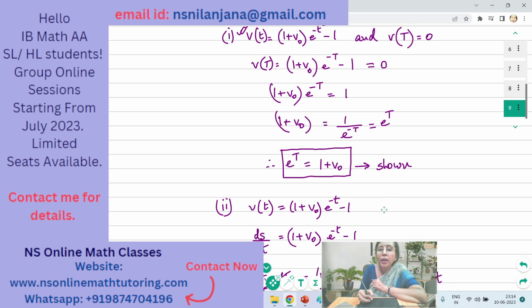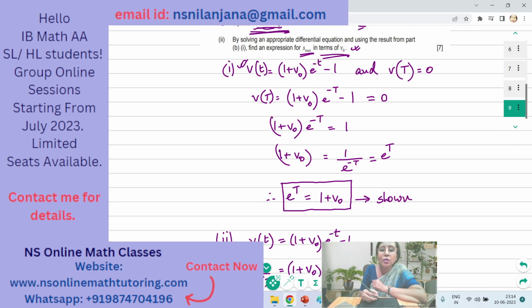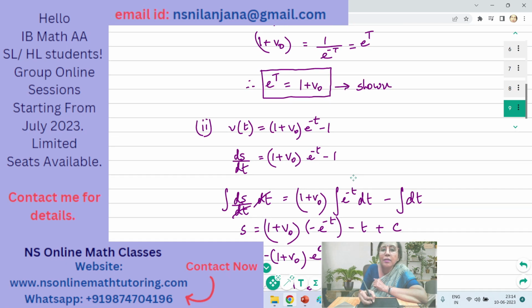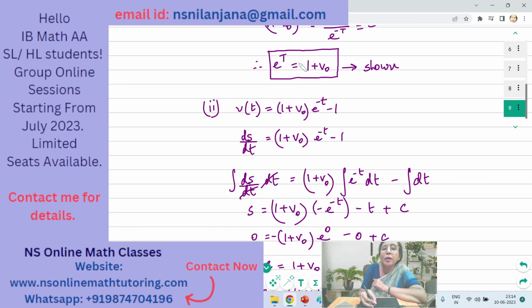They have also said that you will be using the result from part BI. So what was the result of part BI? It was e to the power of capital T equal to 1 plus V0. We will be substituting this. In place of e to the power of positive capital T, we will be writing 1 plus V0. Okay.